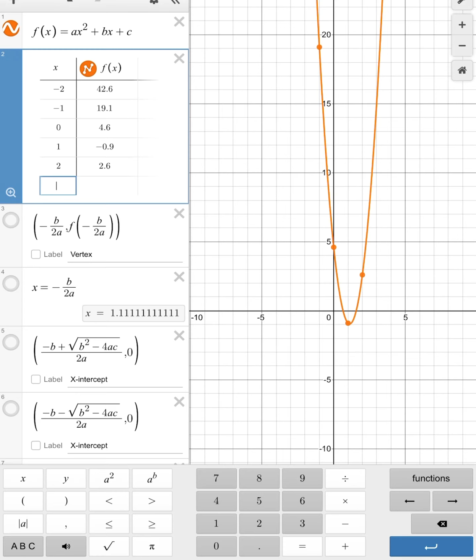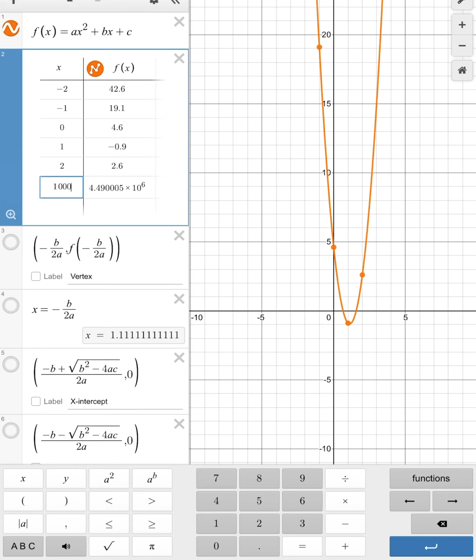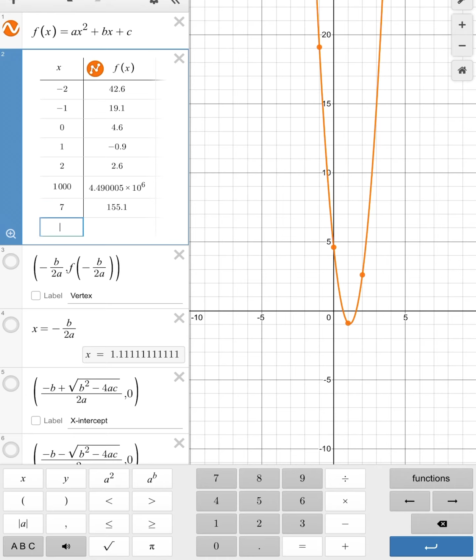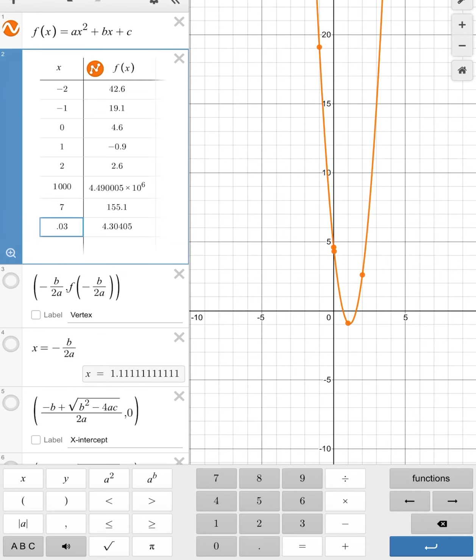In this x column, I can write anything I want. I could write 100, 1,000, 7, or 0.03, and I'll still get an output that's a valid real number. Any real number that I plug in for x, I'm going to be able to solve and get a value for y. That's why I can say that all real numbers are my domain: it's possible to substitute anything I like in for x, as long as it's a real number.